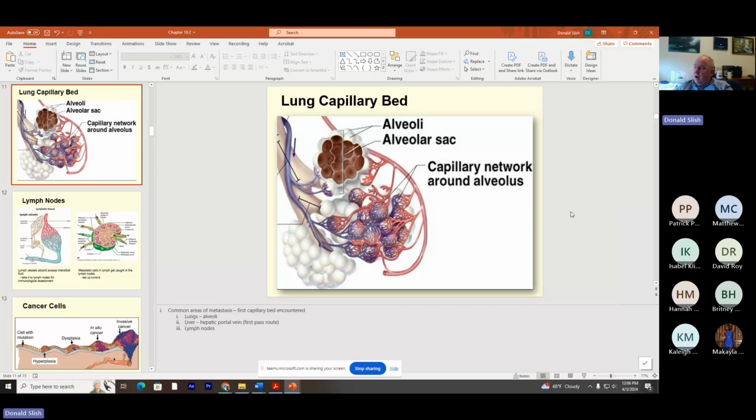So if you've got cancer cells that start in your intestines, they go into the blood supply, to the hepatic portal vein, they end up in the liver, and you get metastasis to the liver. So the liver is another really important organ that can get metastasized to. So liver and lungs are targets.